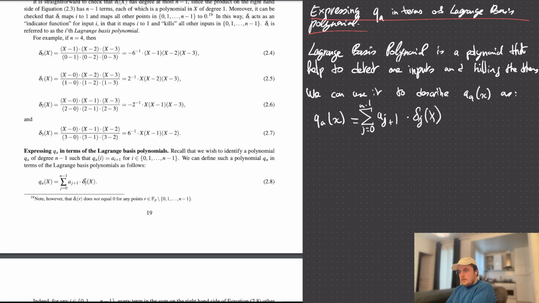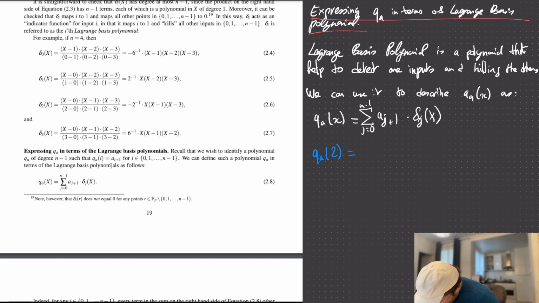So it means that if I take an x which is not this input, it's so smart. I think I start to understand. The idea is, let's say I do Q_A of 2.